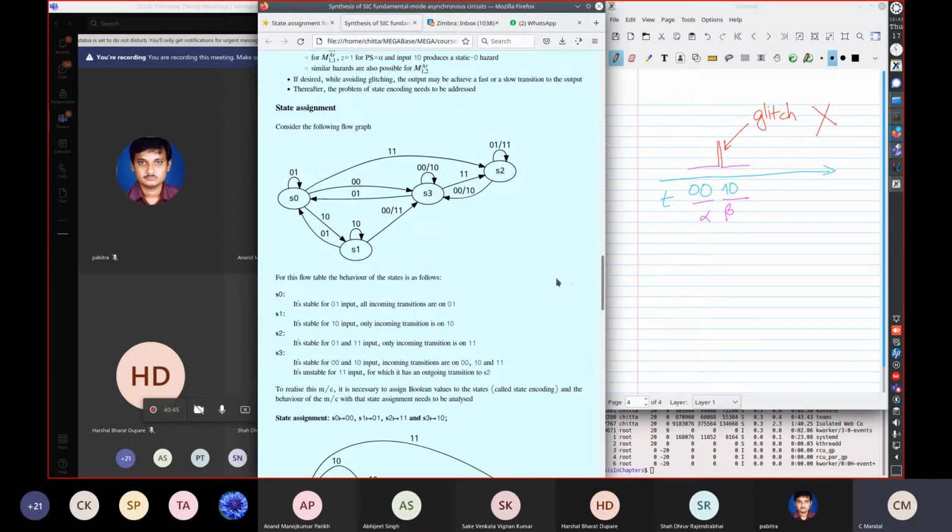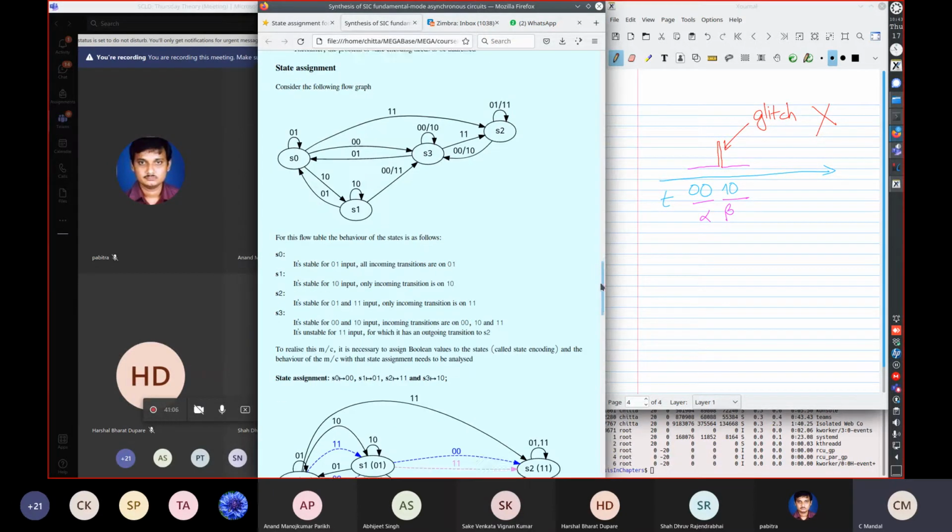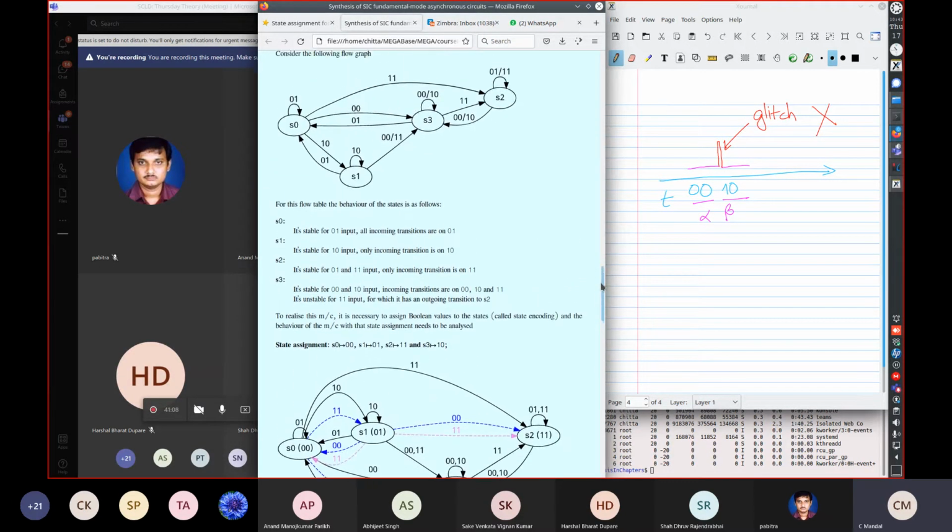Now let us look at this machine. So again, this is a symbolic transition. Let us see what is happening. Here you have got 4 states: S0, S1, S2, S3.